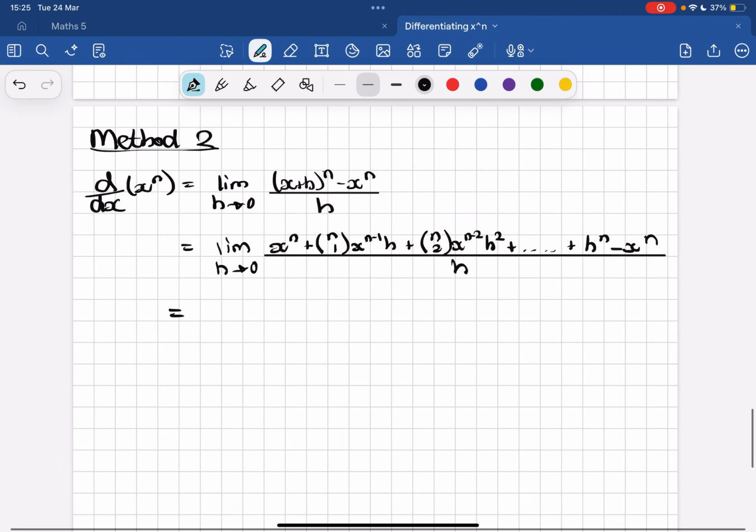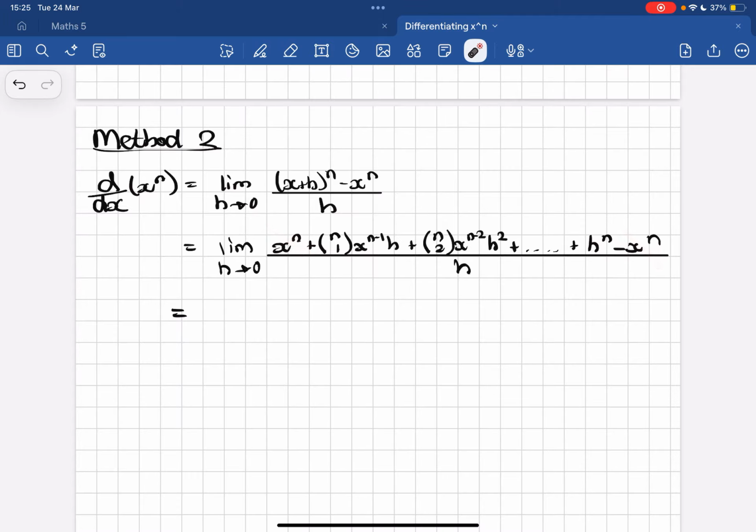Now what we can do is cancel the x^n's at the end, so that can just disappear.